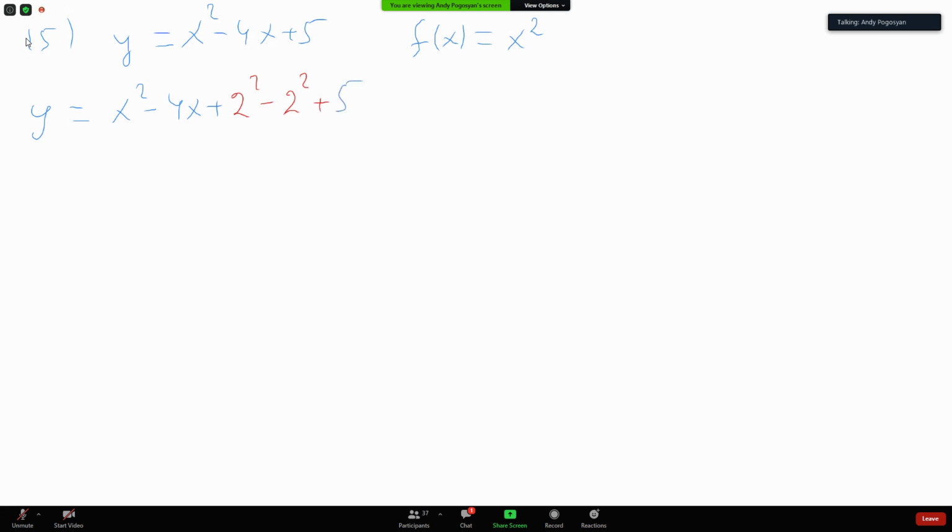So I'm adding 2 squared and subtracting, which means I'm not changing anything, but this part I can complete the square.